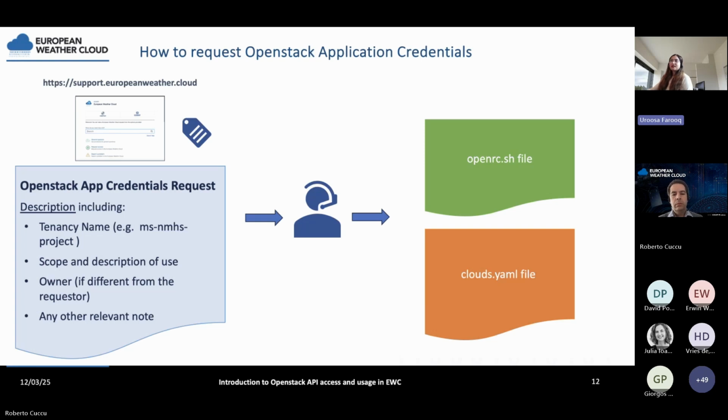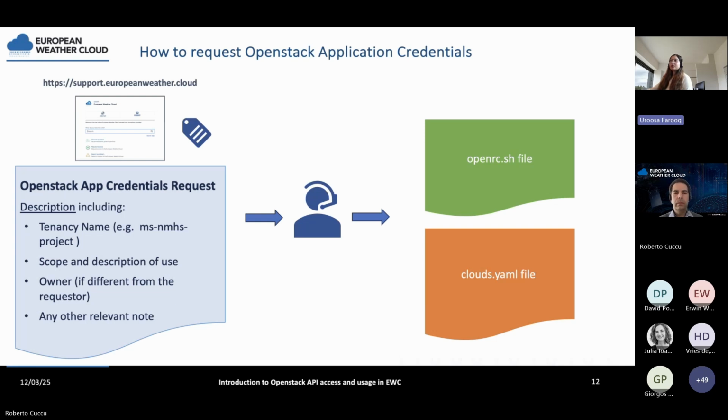The ticket title should be the OpenStack app credential request, and include in the ticket description your tenancy name, the scope and description of the use for the credentials, and the owner in case the person is different from the person making the request, and any other relevant resources or notes. Please mention it in the ticket.